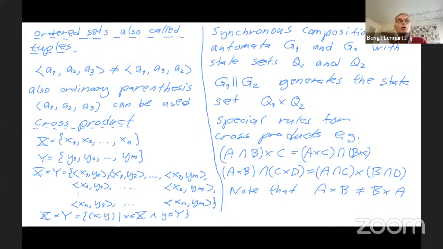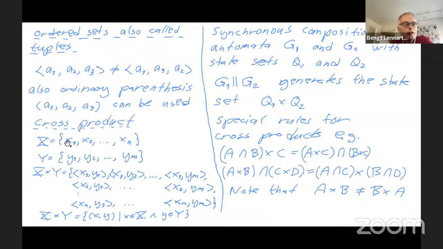Maybe you remember this morning I mentioned a model for the closed loop system, and then I wrote P synchronized C or G1 synchronized G2, I gave an example. And then we really need the cross product. You could say that the cross product of two sets is just a combination of all possible combinations of elements.